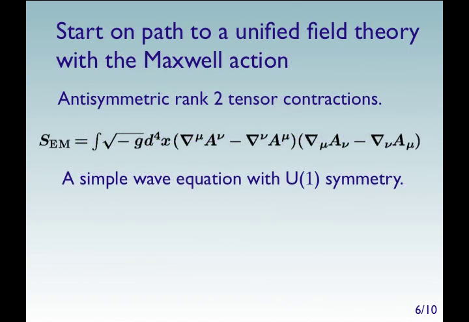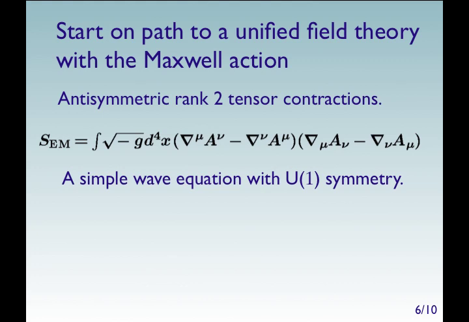So I'm going to start down the path to my unified field theory proposal, or hypothesis, by starting with the best field theory that there is, and that would be the Maxwell action. We have these antisymmetric rank 2 tensor contractions, and that might look a little bit scary.